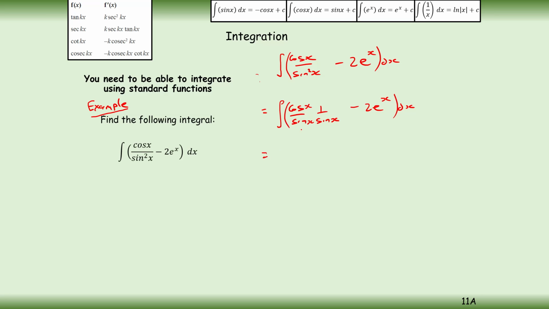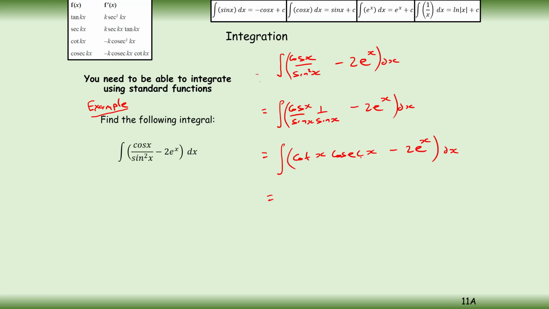Okay, so cos over sine is cot of x, so it's the integral of cot x. And 1 over sine, remember, is the third term, so that's going to be cosec x, minus 2e to the power of x with respect to x.